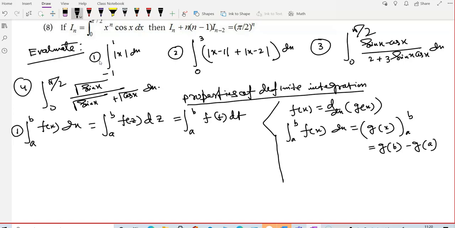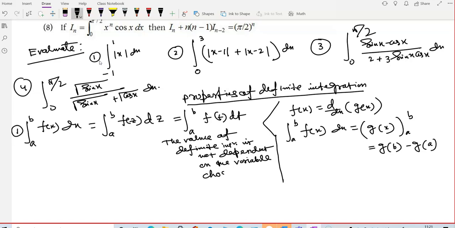That's why I told the value of definite integration is not dependent on the variable chosen.